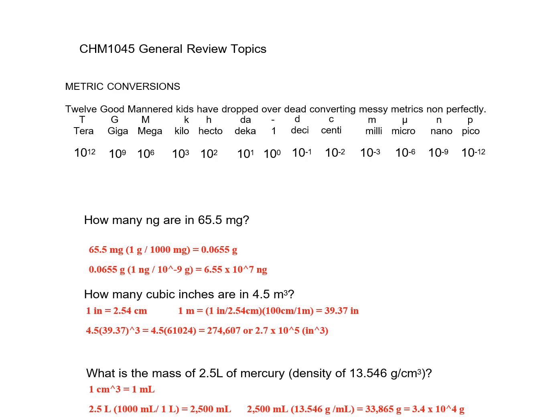Therefore I have to convert the 2.5 liters to milliliters, and 1 liter equals 1,000 milliliters. I cancel the liter and keep milliliter. I convert 2.5 liters to 2,500 milliliters, and then I multiply the volume by the density.